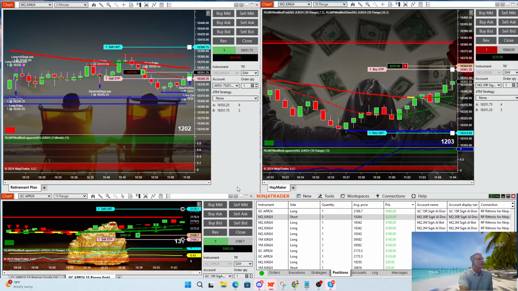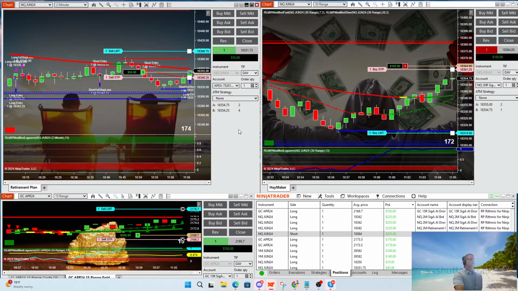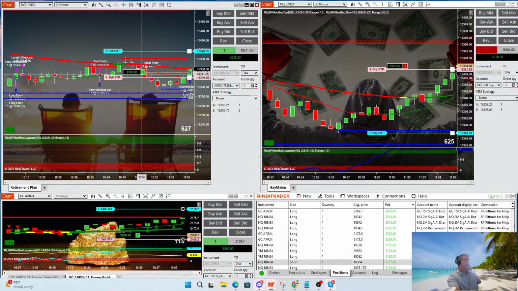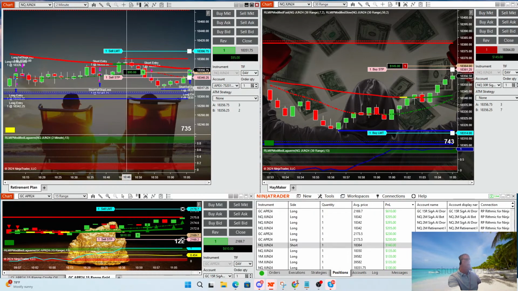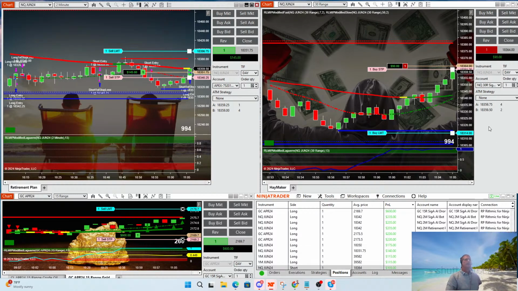Jumped right back into the upside before I could stop it. Well, now on my sim account, I've got a long position on the right. I'm sorry. On my Apex account, I have a long position. And on my sim account, I have this short position. So.